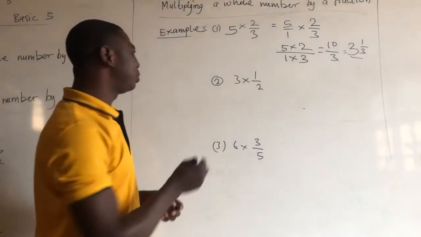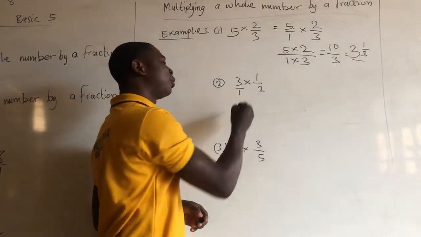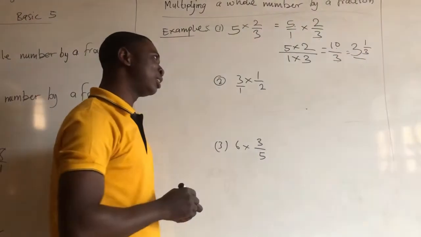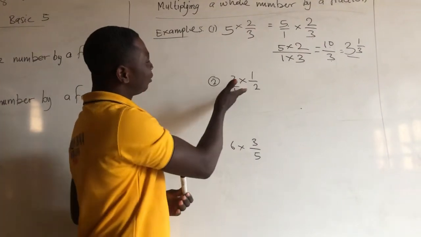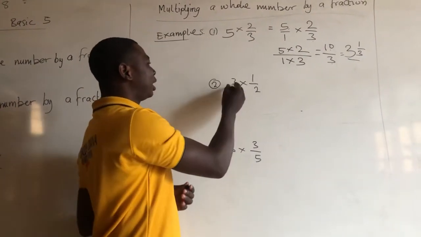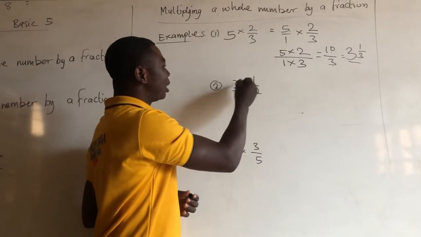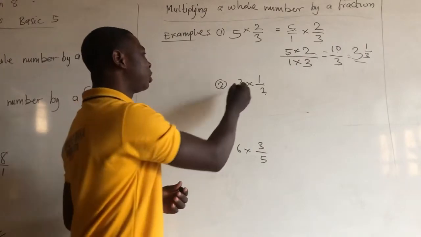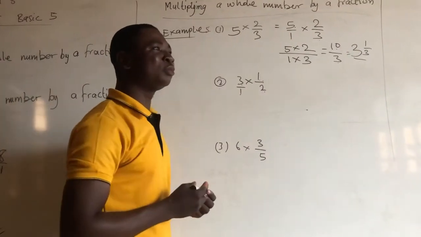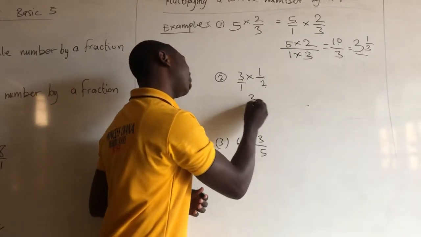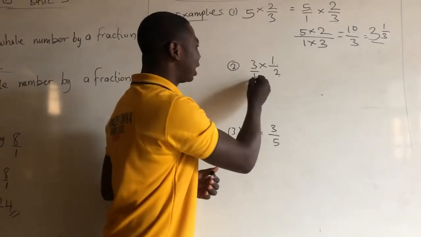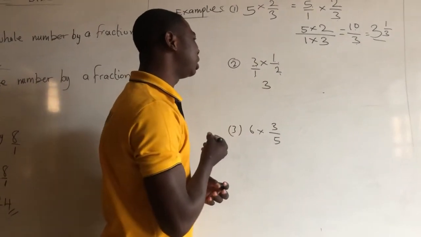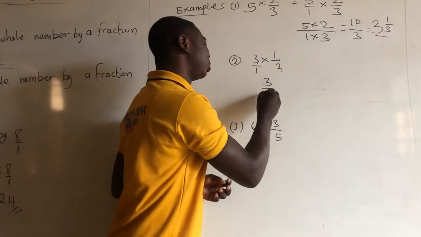Let's move on to the second example. I said when we see a whole number standing, it's out of 1. So bring it. Since you have this, multiply numerator by numerator, denominator by denominator. So 3 times 1 will give me 3, and 1 times 2 will also give me 2.